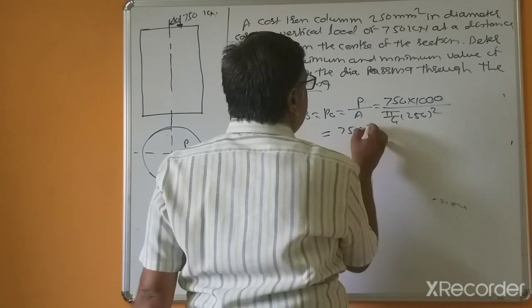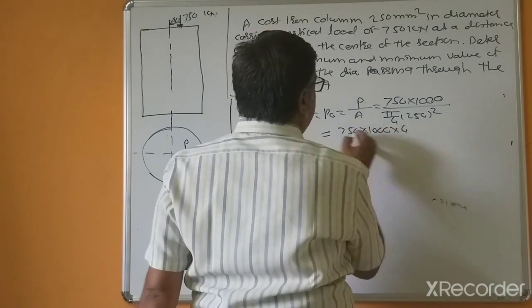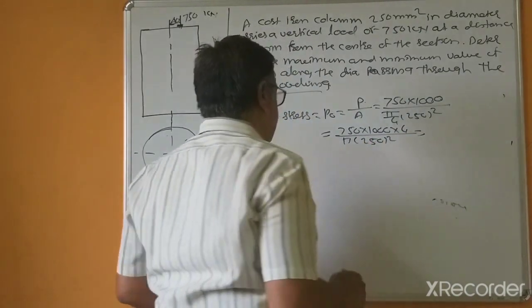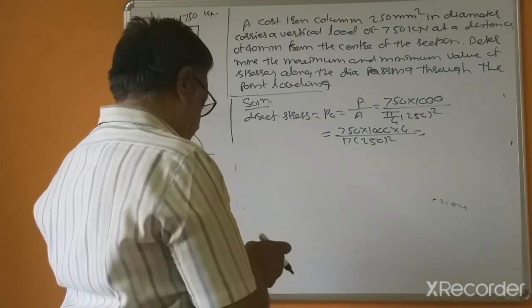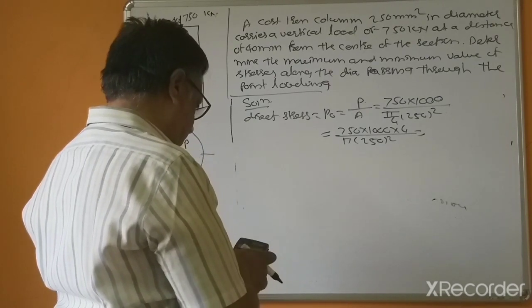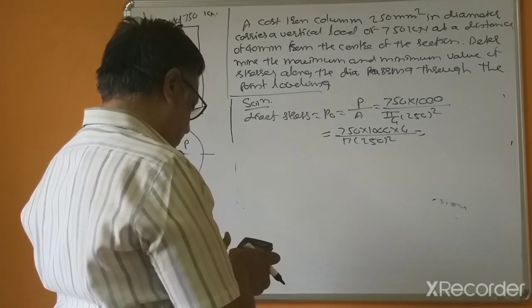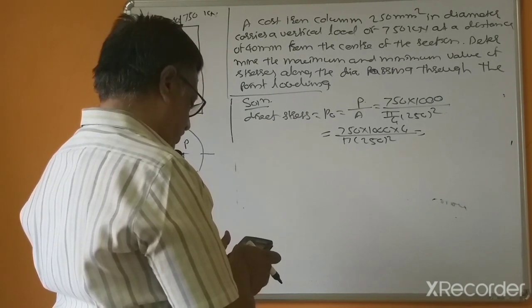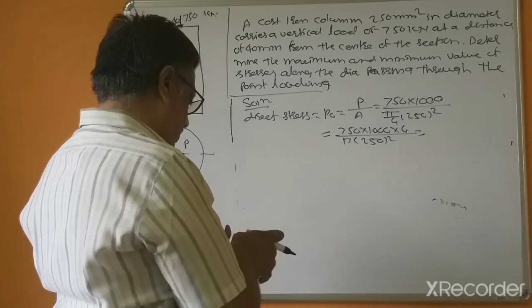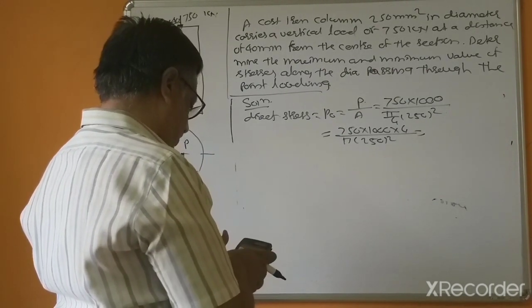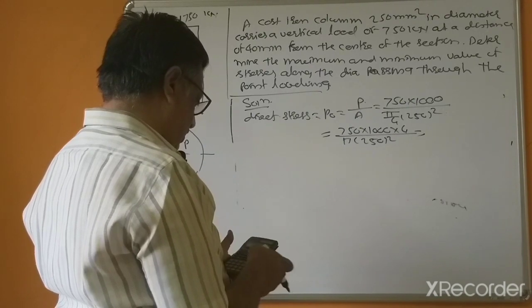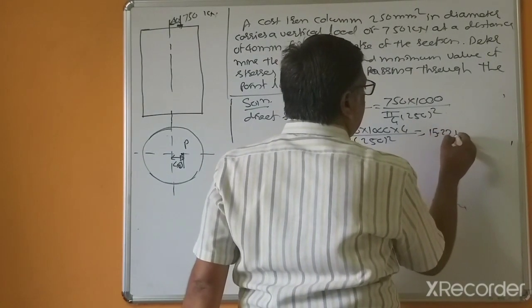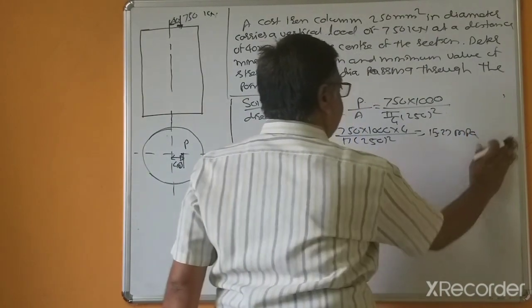Or same we can write multiplied by 4 divided by pi, 250 square. 750 multiplied by 1000 into 4 divided by pi. This is equal to 15.27 megapascal.